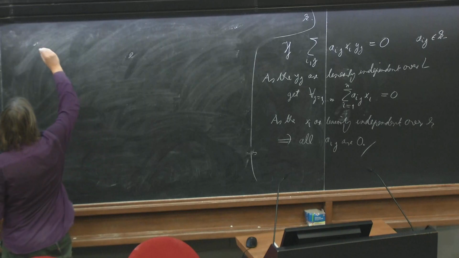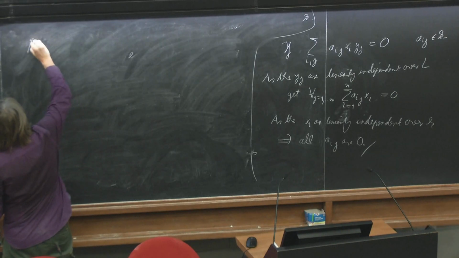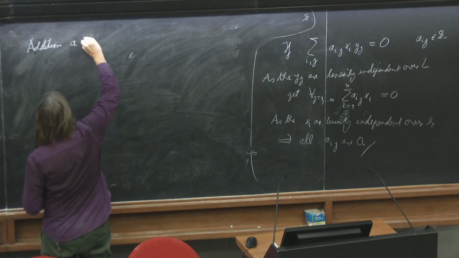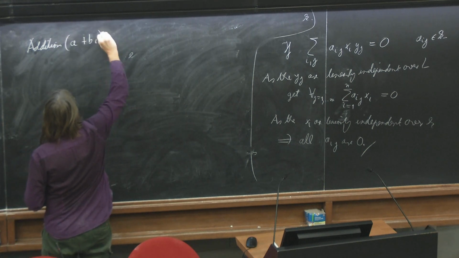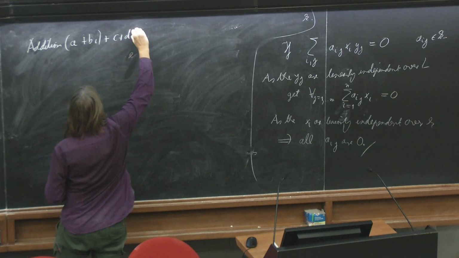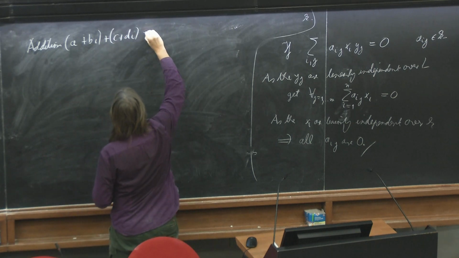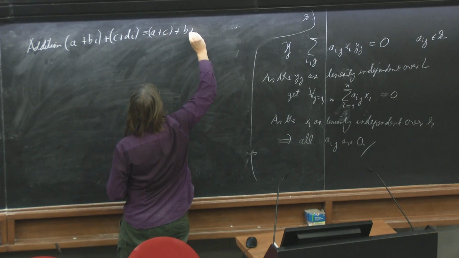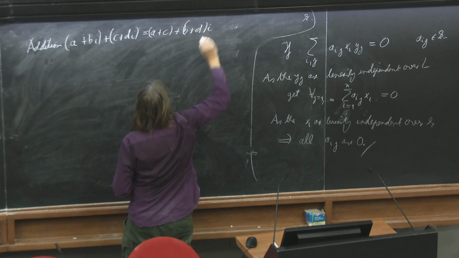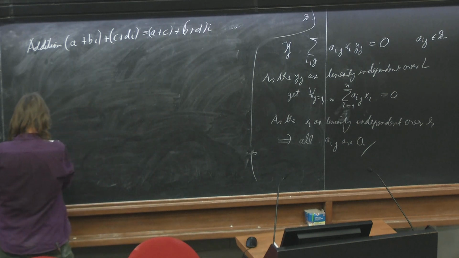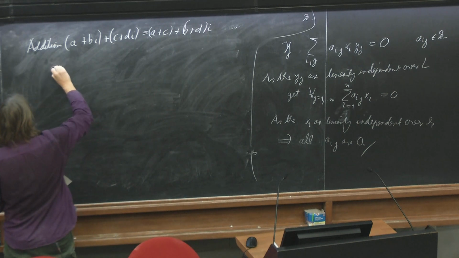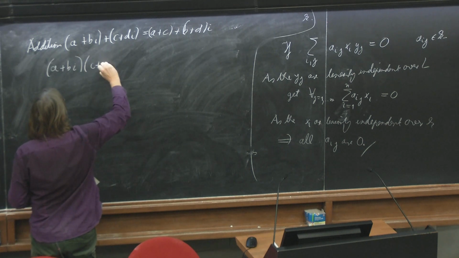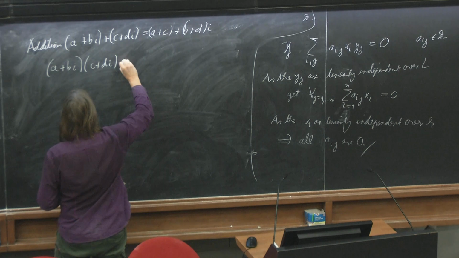So addition: a plus bi plus c plus di is just a plus c plus b plus d times i. And the multiplication is more interesting, so let's multiply them.